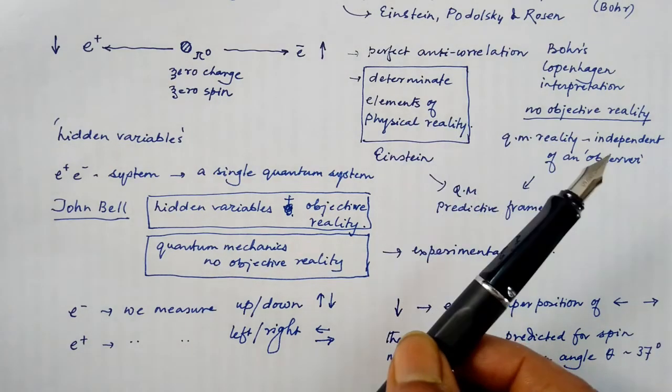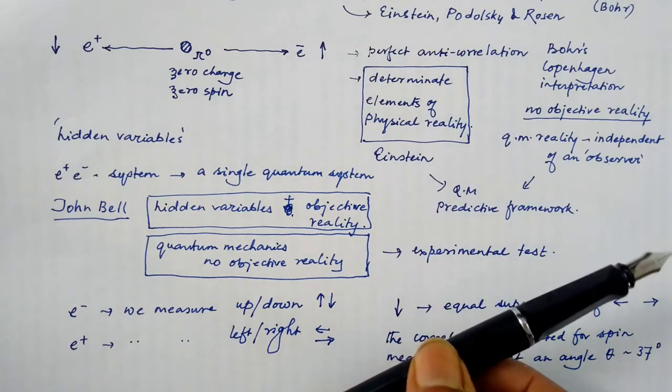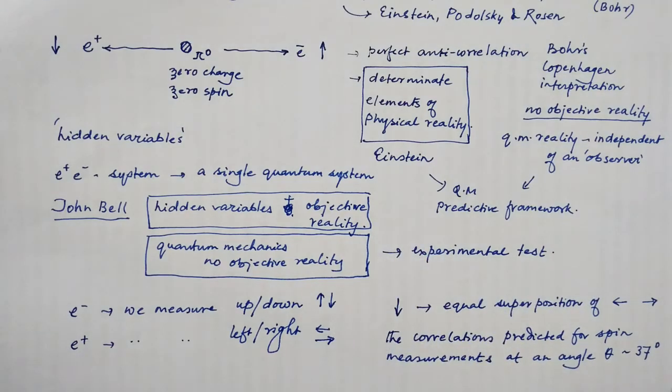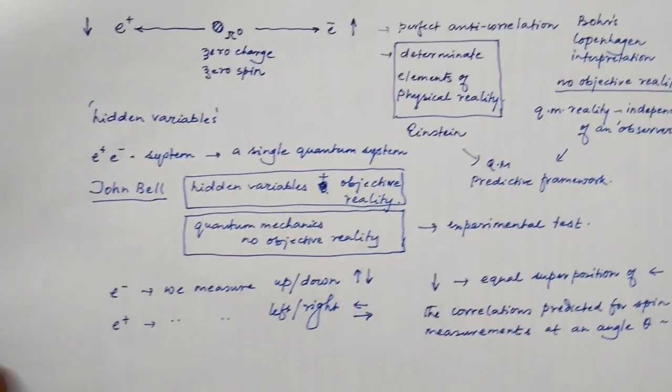Had it been 45 degrees, it would have been equal, but at 37 degrees it is not. These are unequal probabilities, not purely random.